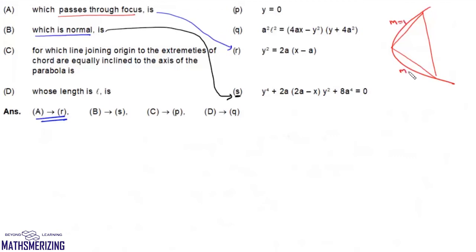For this chord, say AB, the slope is m1, and the points are (a t1 square, 2a t1) and (a t2 square, 2a t2). If we find the slope, it will be 2a upon t1, which is 1.